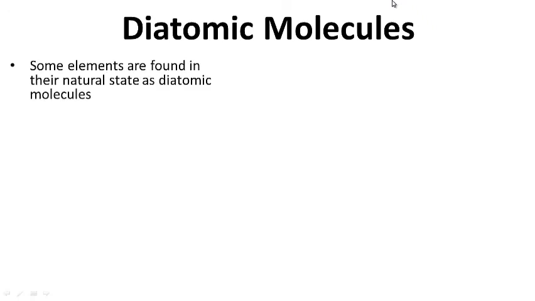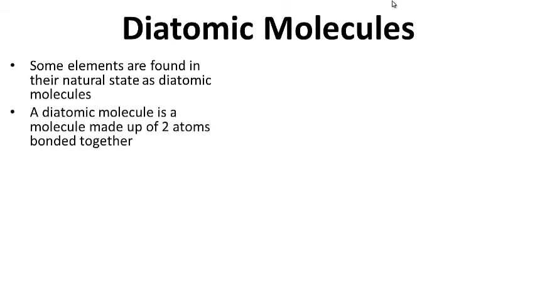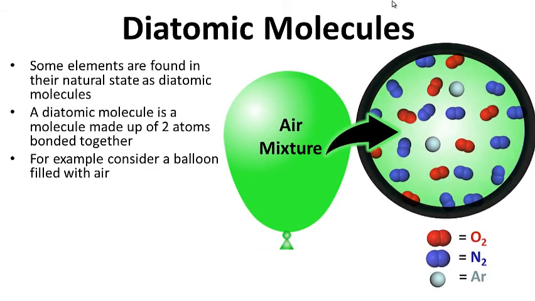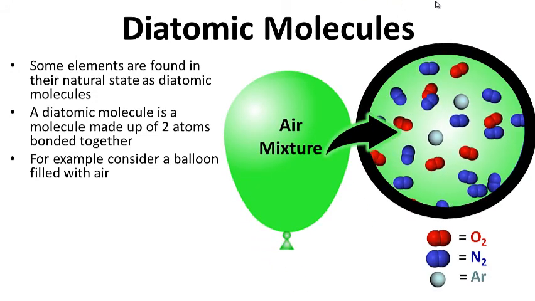So, diatomic molecules. Some elements are found in their natural states as diatomic molecules. A diatomic molecule is a molecule made up of two atoms bonded together. Very important here. For example, consider a balloon with just air.